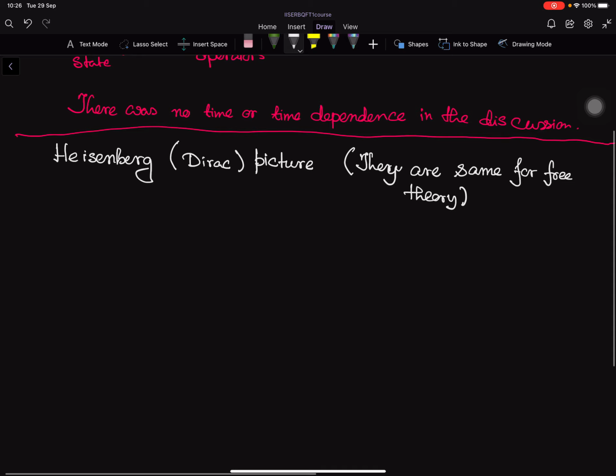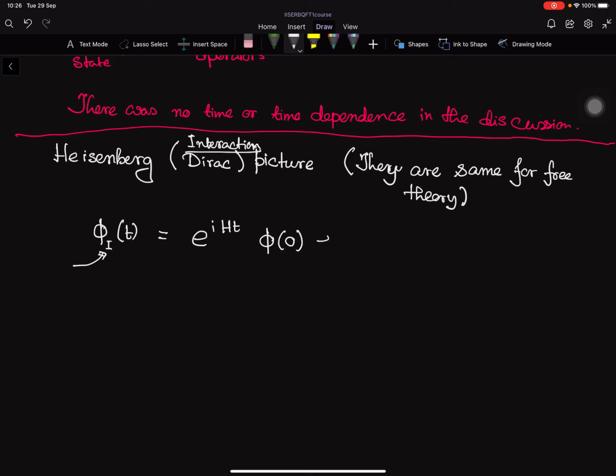Okay, so in the Heisenberg picture, the operators time evolve. So I write it as phi_I. This is also called the interaction picture. And again, in the free theory, they are all the same thing; there is not much difference. So phi_I is the time evolution of an operator in the Heisenberg picture.